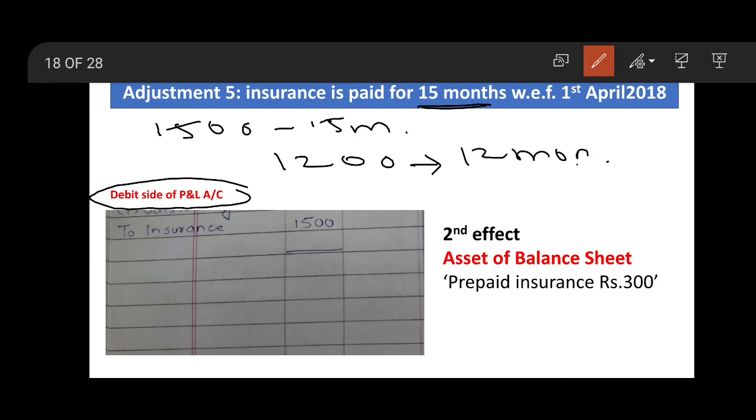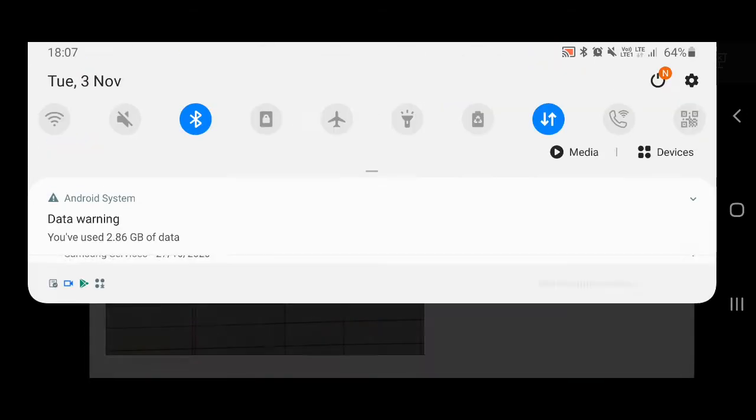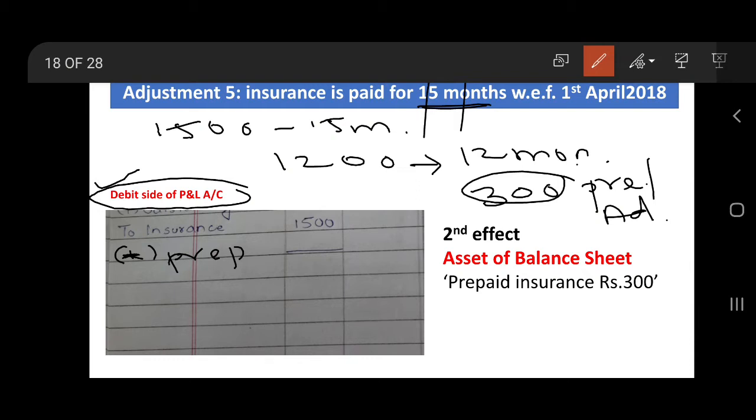So how much is prepaid? 300 rupees is prepaid, or you can say it is advance. What do we do with prepaid or advance? We deduct it. So going to the debit side of profit and loss account, we will deduct less prepaid 300, as 300 is paid in advance, and 1200 will come in the outer column.